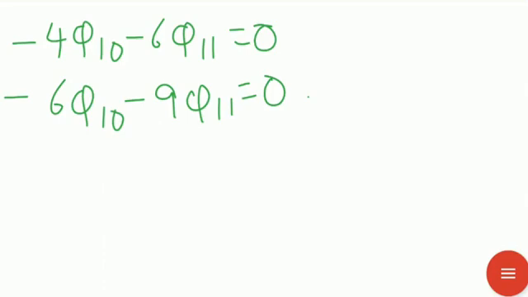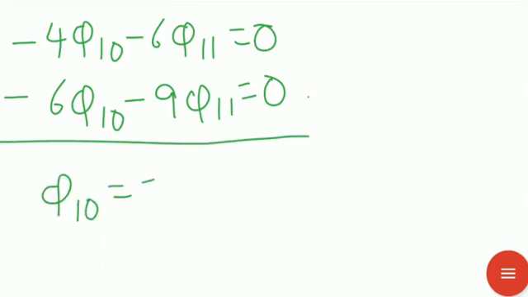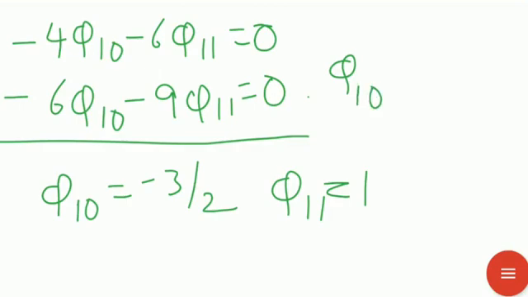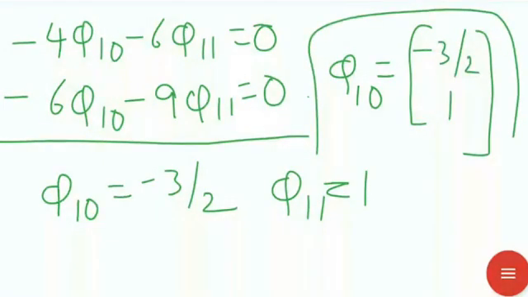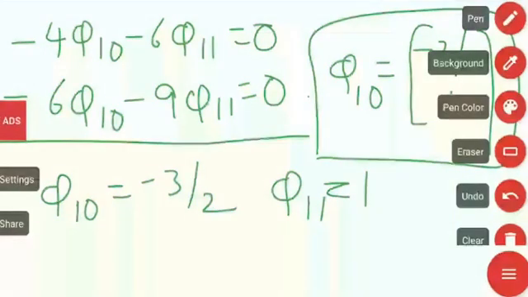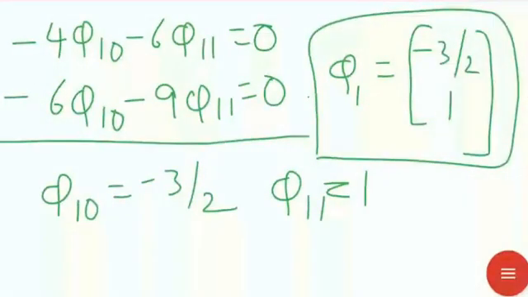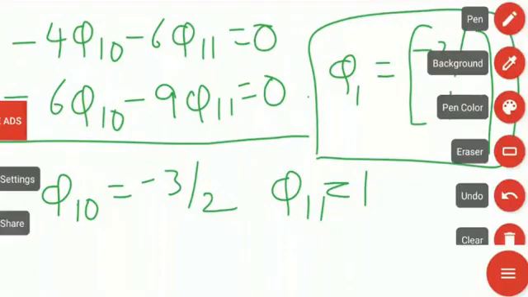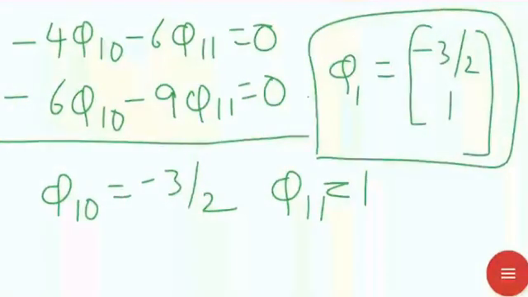From this you can get phi 10 is minus 3 by 2, phi 11 is 1. Therefore, the second eigenvector phi 1 is minus 3 by 2, 1.